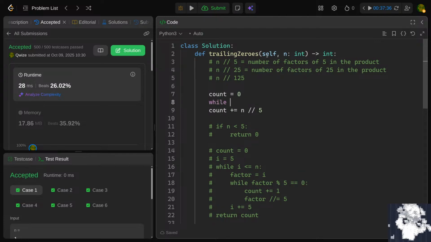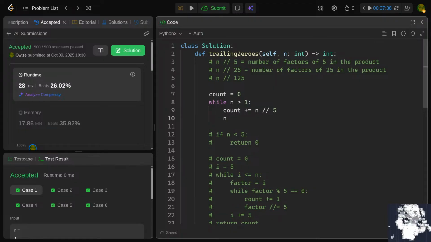So while n is greater than 1, let's say, you do this and you divide n by 5.